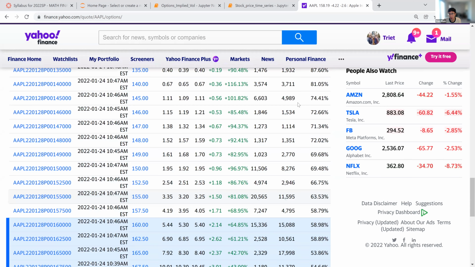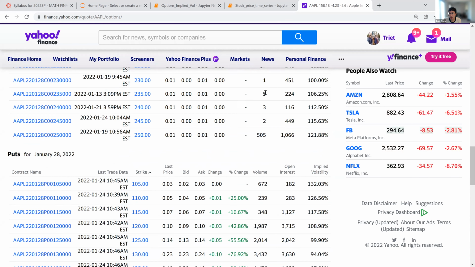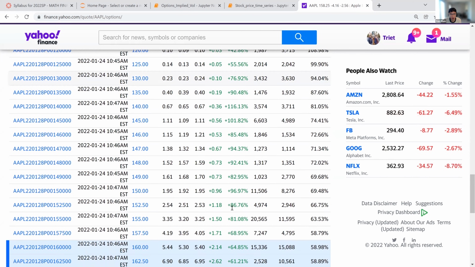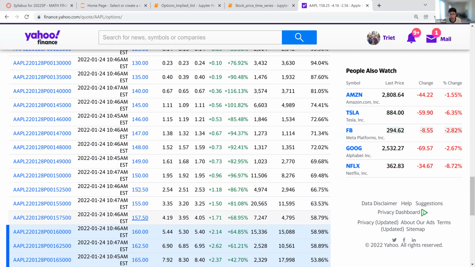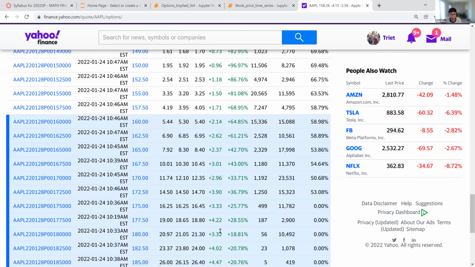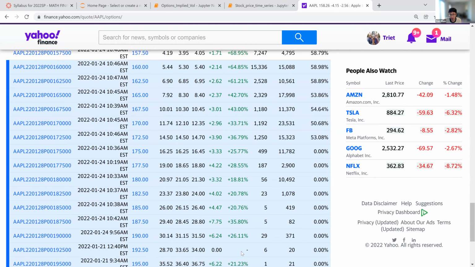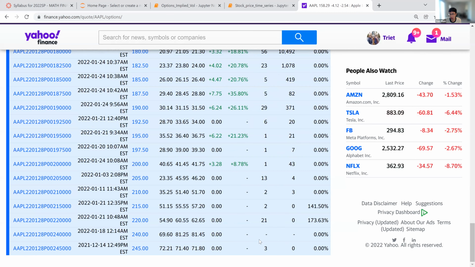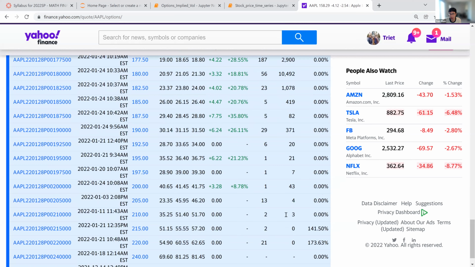And you see that, right? Open interest and volume means how much they're actively being traded, right? And you can see that for the strike that's in the mid-range, right? There are a lot of volumes traded, like 15,000 right here, 20,000, right? But if you go to the more extreme range, like 245, you see that they're not being traded at all, right? The volumes are very small. So you want to pay attention to this idea too.